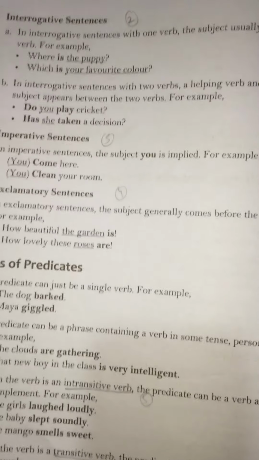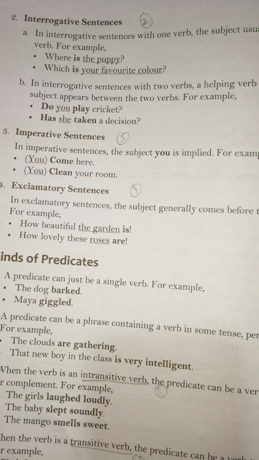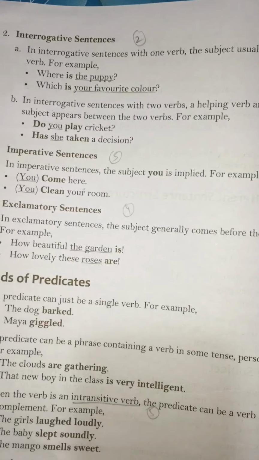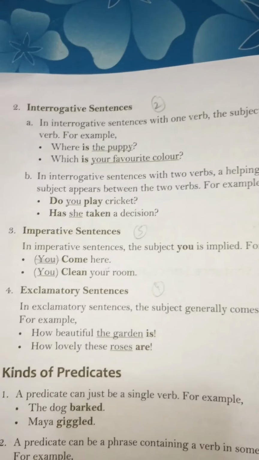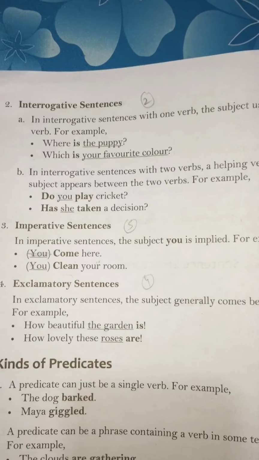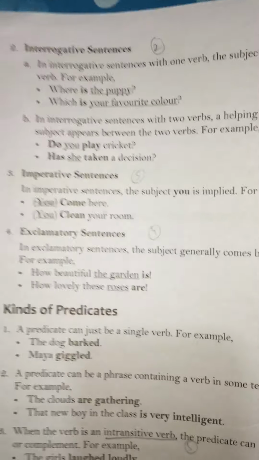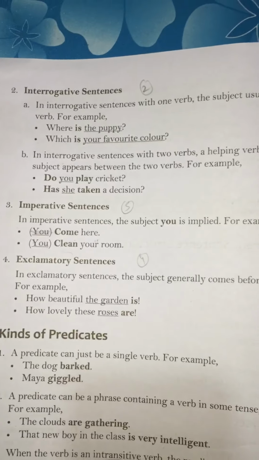This type of sentence always takes the second person, and the second person is you, right? You come here, you is the subject, but most of the time the subject remains hidden. Come here, it means you come here. Clean your room, it means you clean your room. Bring me a glass of water, right?